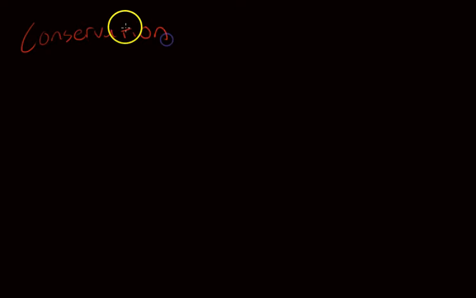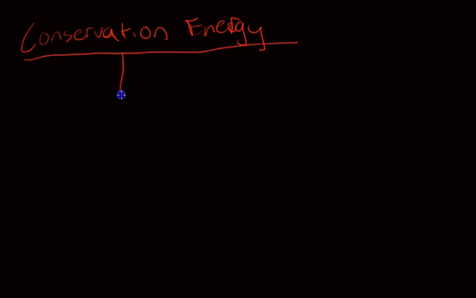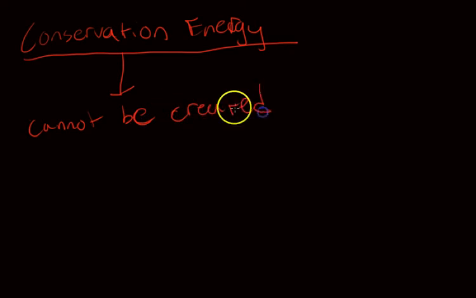Conservation of energy. Basically, what they're saying is that in a system, like when a car is driving, or when I'm running, or when a bird is flying, energy cannot be created or destroyed.